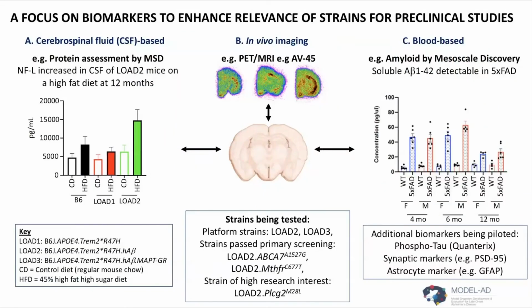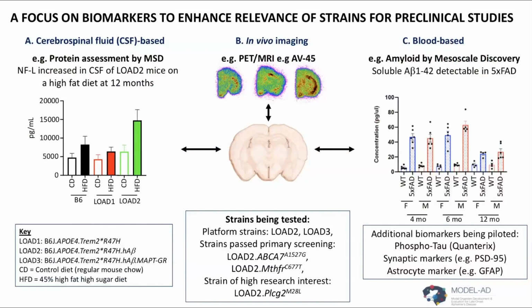In the last couple of slides, I wanted to highlight how we're also thinking about how we're going to get these mice into preclinical studies, and one of those is to focus on biomarkers. We're analyzing both cerebrospinal fluid as well as blood-based biomarkers, looking at proteins using Meso Scale Discovery as well as other methods such as Quanterix.